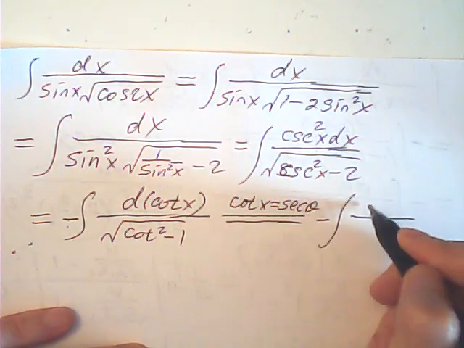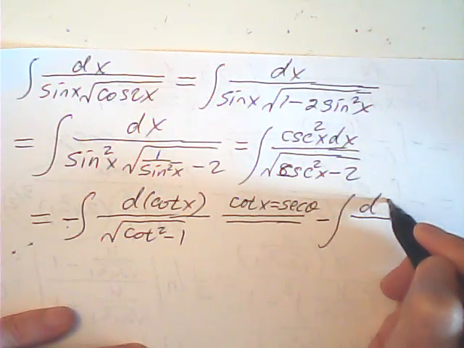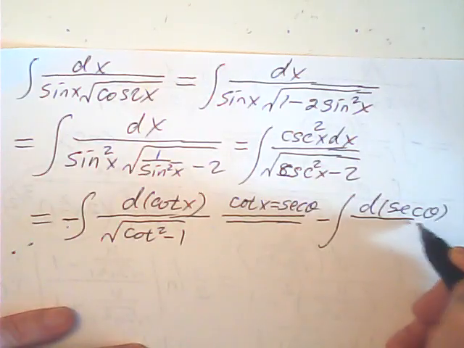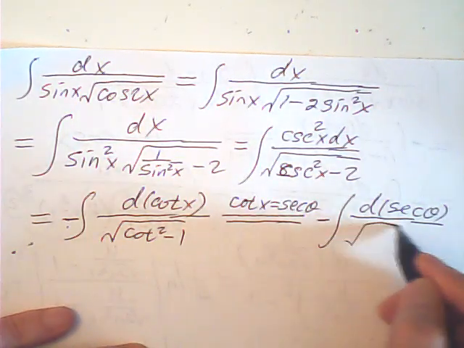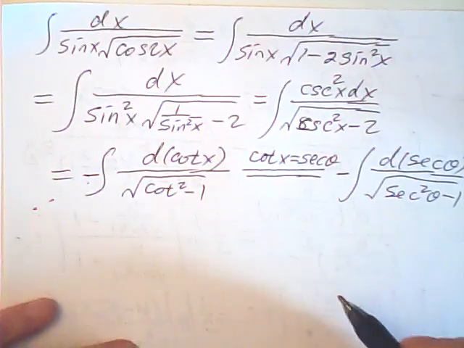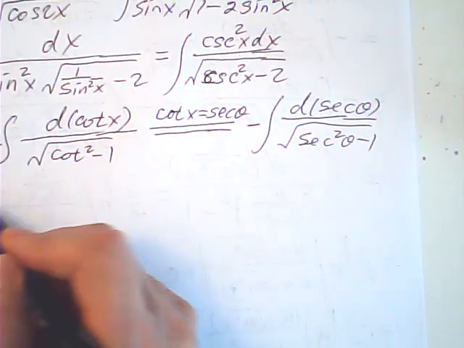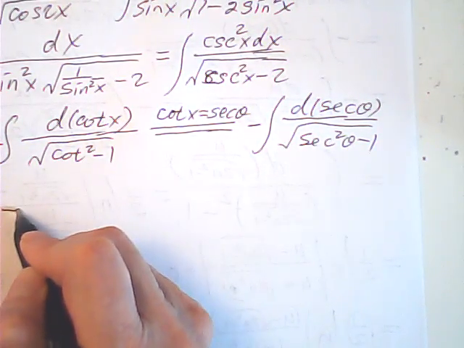D cotangent would be d secant theta. This will be secant square minus 1, right? Secant square minus 1. And this is equal to negative.